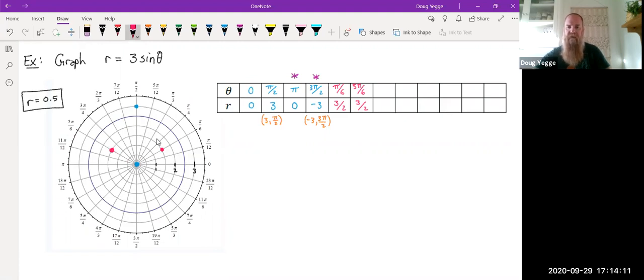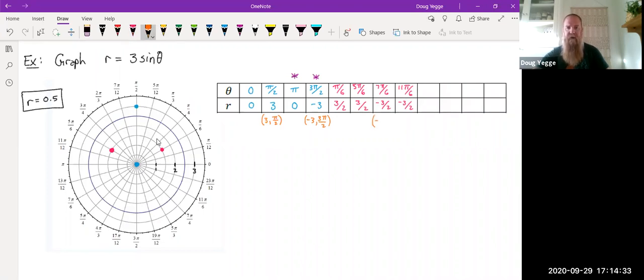And now we could also pick 7 pi over 6 and 11 pi over 6. But notice that sine of 7 pi over 6 and sine of 11 pi over 6 are both -1/2. So those values become -3/2 and -3/2. I'll just write out one of these points.